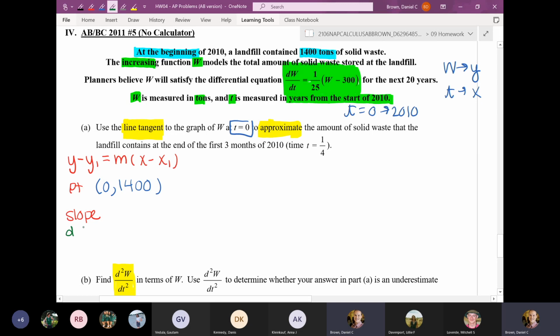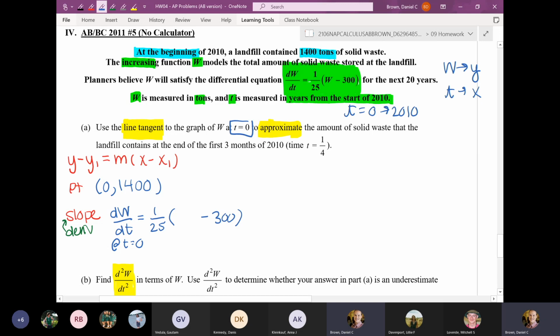We know in calculus that the slope is the derivative, and we know what the derivative is. dW/dt is the derivative. And we want to find the derivative at t equal to 0. So we can plug that in, but we do need to be careful. I have 1/25 (W minus 300).